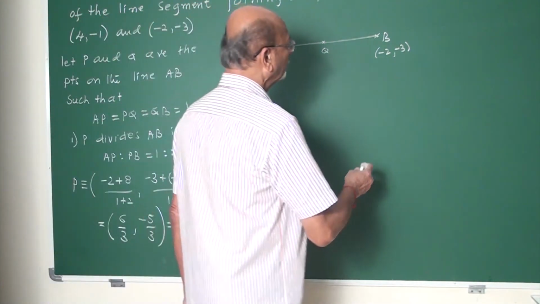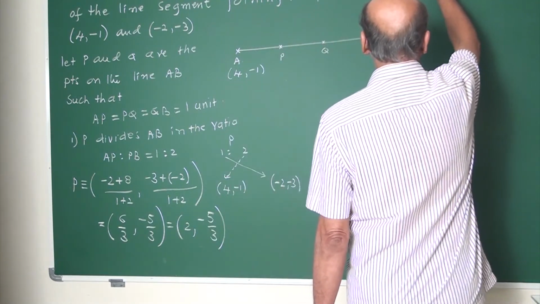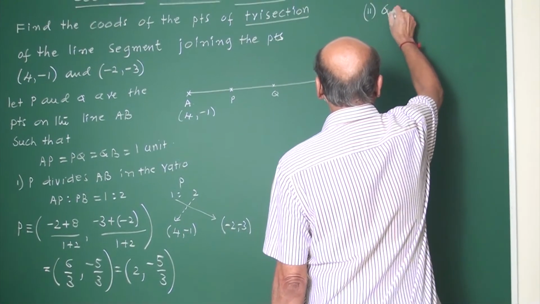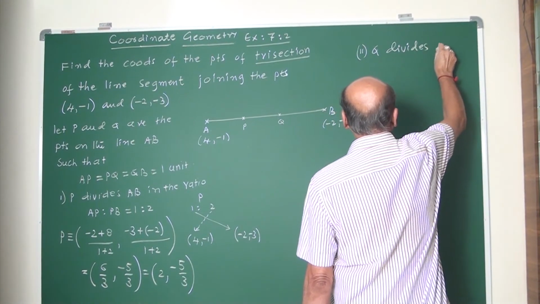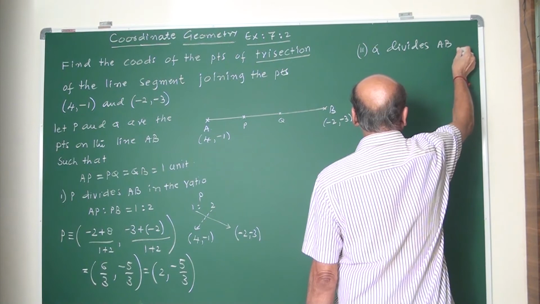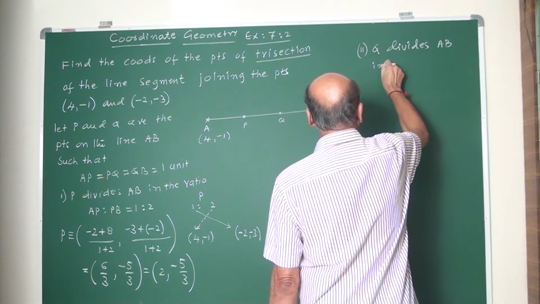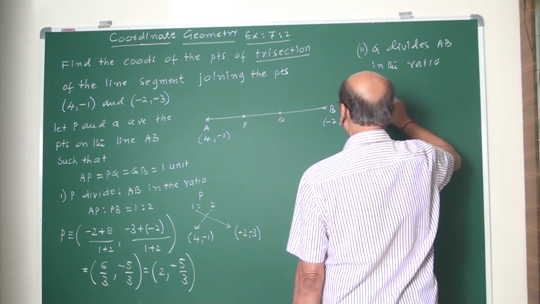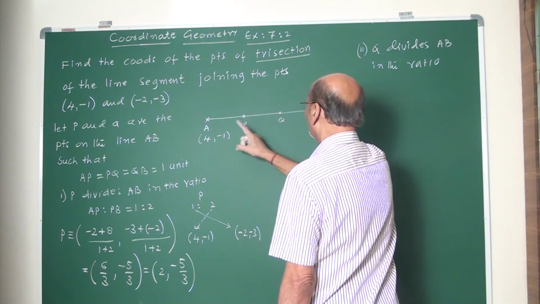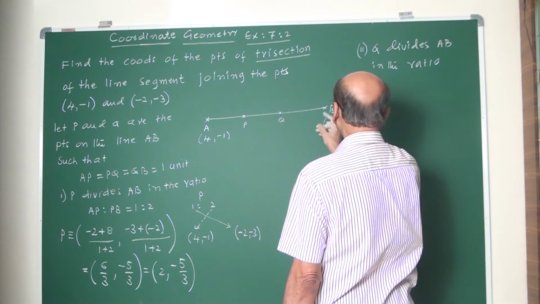Next, the second point, Q. Q divides AB internally in the ratio AQ is to QB.